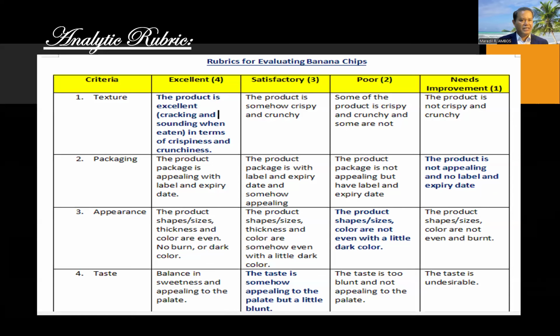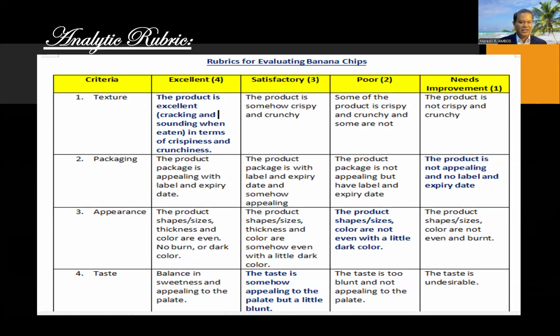Here is an example of analytic rubric. Okay, this rubric rather is for evaluating banana chips, wherein you can see for criteria, the texture, the packaging, the appearance, and the taste. So you can see now the description for excellent. The product is excellent. No? The product package is appealing with label and expiry date.